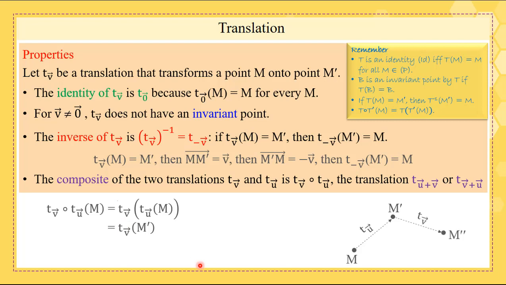And if we suppose that the translation by the vector v of the point M prime is equal to the point M double prime, we get the point M double prime. Then the composite of the two translations T_v vector and T_u vector is a translation that takes M onto M double prime directly.